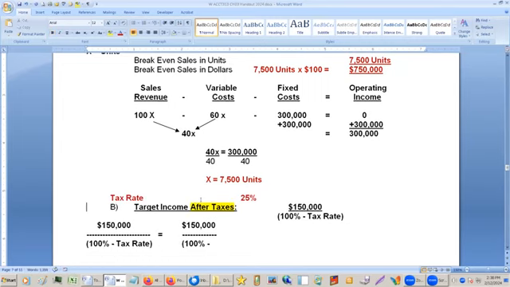And that has to be given to you. Okay, so 100% minus 25%. So this is our tax rate.